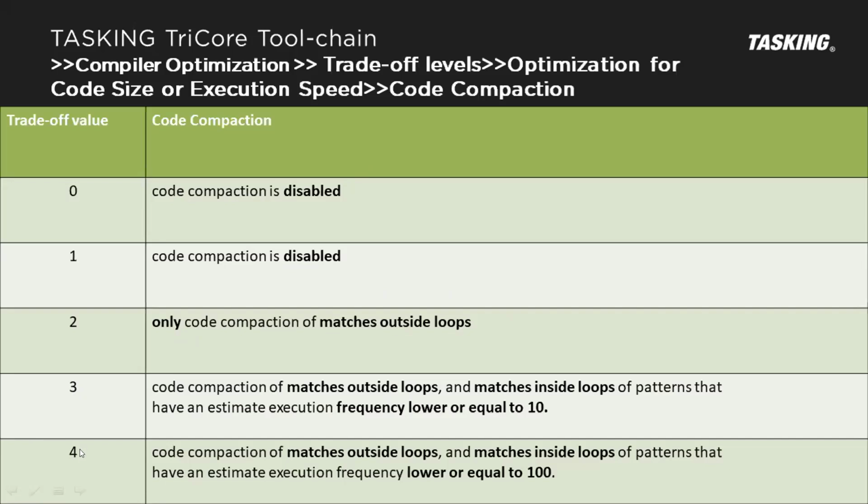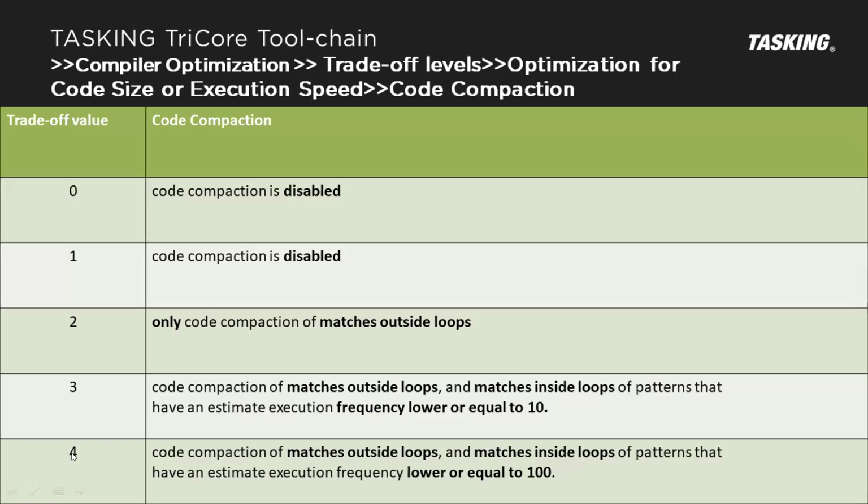For 3 and 4, it is optimization for size. So code compaction of the matches outside the loops, and matches inside the loops, as long as the frequency is less than 10.